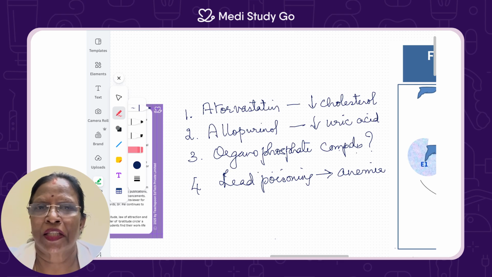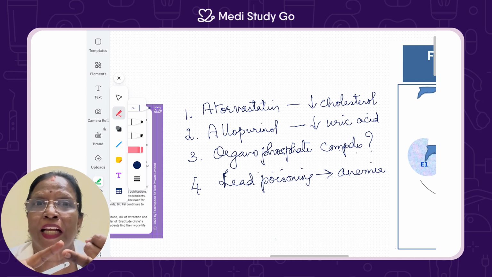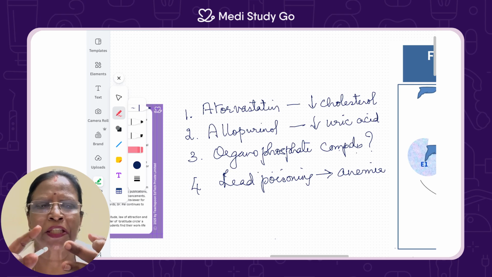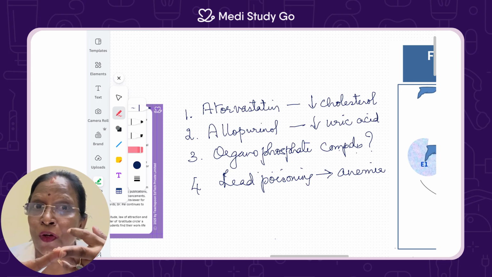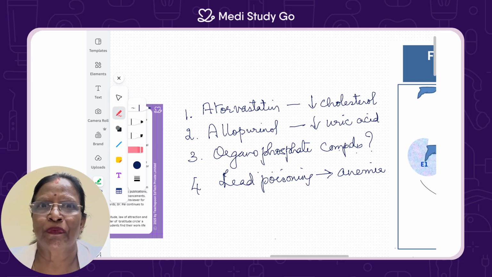These inhibitors can stop the multiplication of cancer cells. It can stop the growth of pathogenic microorganisms. It can bring down cholesterol level. It can bring down uric acid level. So today we are going to dive deep into enzyme inhibitors and inhibitions.